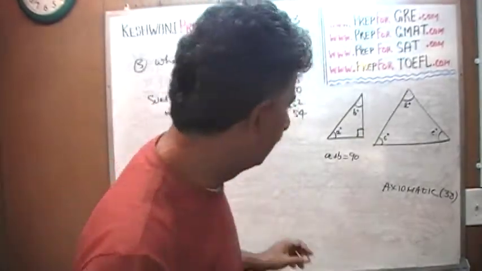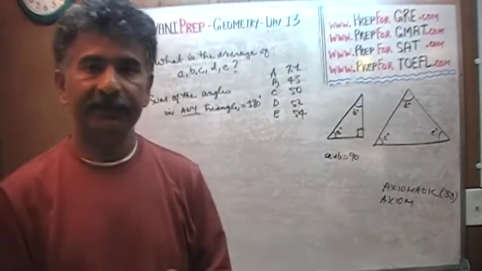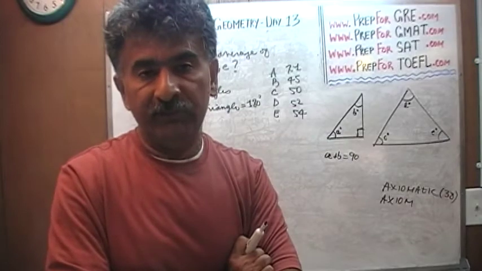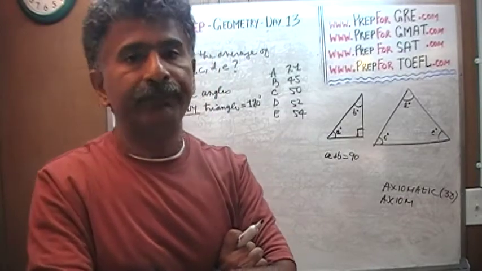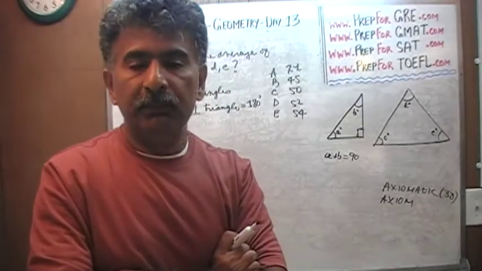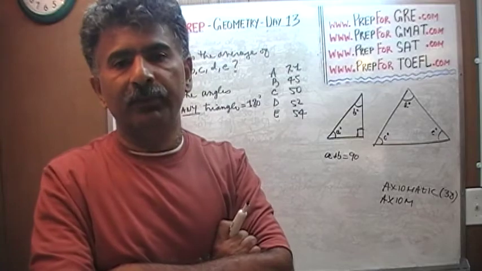Axiomatic comes from the word axiom, which simply means something that is true by definition. It is true because this is how we define it. So a triangle is defined to be made up of 180 degrees. A circle is defined as 360 degrees, and so on and so forth.